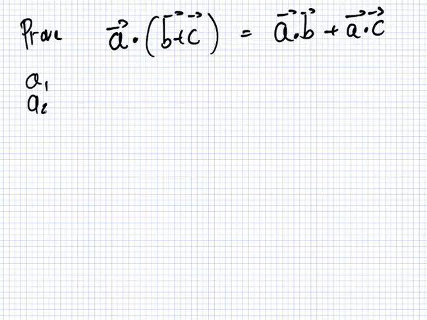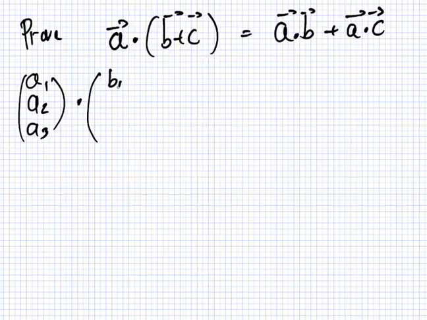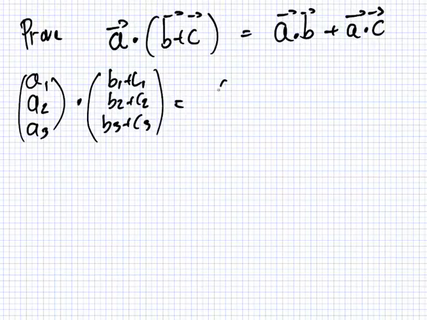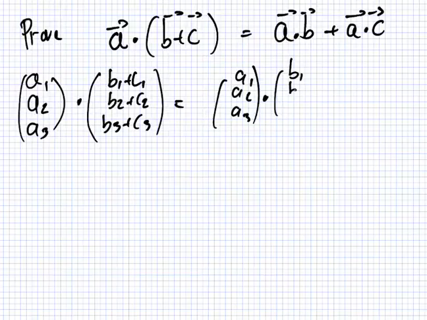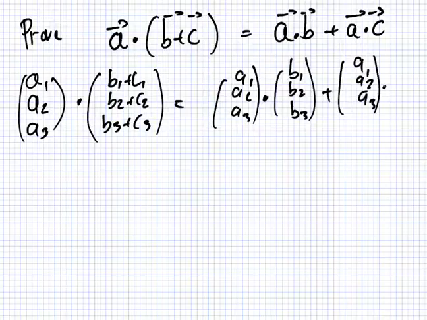Okay, it's the same deal. So (a1, a2, a3) dot, and this one here will be (b1 plus c1, b2 plus c2, b3 plus c3), equals (a1, a2, a3) dot (b1, b2, b3) plus (a1, a2, a3) dot (c1, c2, c3).